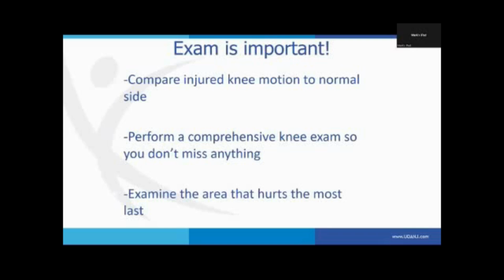So let's get into the exam a little bit. This is a really important part, comparing it to the contralateral knee. Very recently, I examined a lacrosse player on the sidelines who had a non-contact injury with a pop, twisted it in the middle of the field. He clearly injured his MCL, pretty significant MCL injury, and it seemed like he may have gotten his ACL as well.